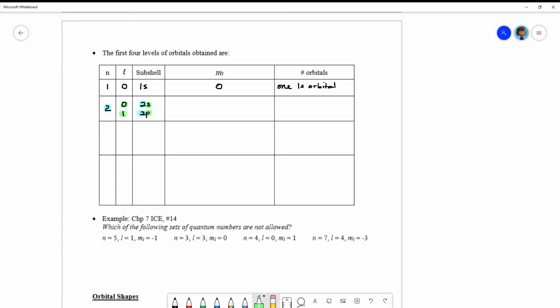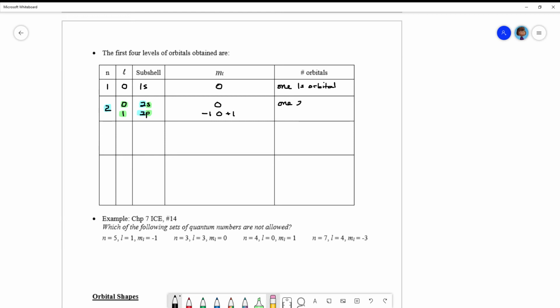Okay. Now, when L is equal to 0, we've already seen that the only m sub L value allowed is 0. But when L is equal to 1, m sub L can take on values of negative 1 to 0 to positive 1. So what does this mean? This means that when m sub L is 0 by itself, we have once again just one orbital in the 2s subshell.